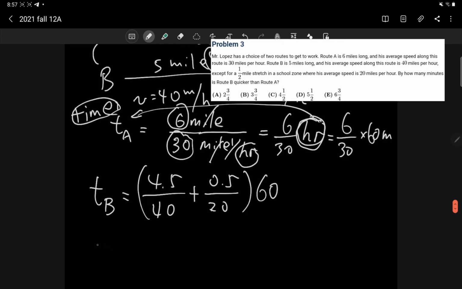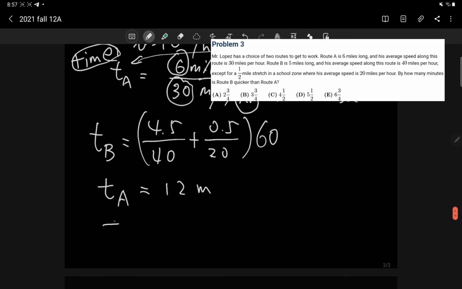Let's simplify this. Time A is equal to 12 minutes. And then time B is equal to 4.5 divided by 2 multiplied by 3, and then 0.5 multiplied by 3.